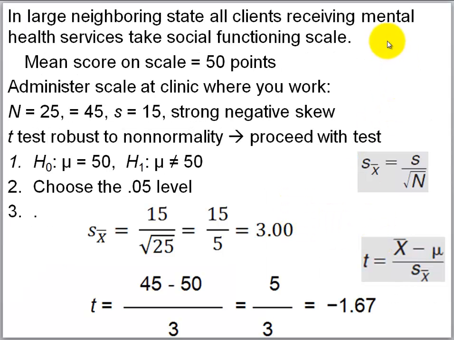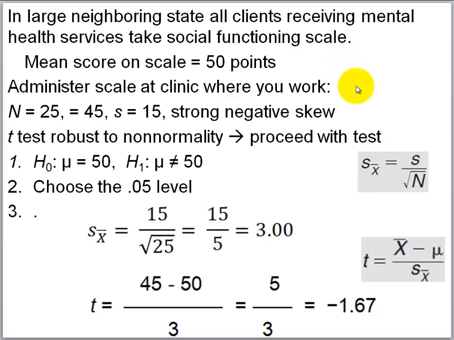So here is our working example. In a large state that borders the state where you work, all clients receiving mental health services take a social functioning scale or measure. The mean score of that very large group of clients is 50 points.